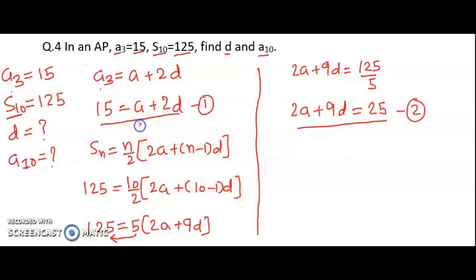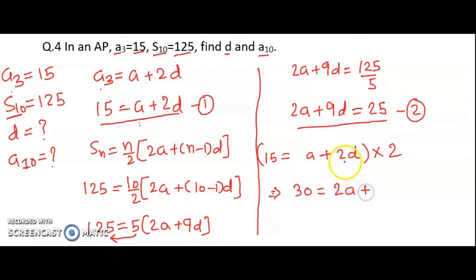If you observe equation 1, it is 15 equal to a plus 2d. If you multiply the whole equation with 2, then we will get 15 multiplied by 2, that is 30, equal to 2a plus 2d multiplied by 2, that will be 4d.